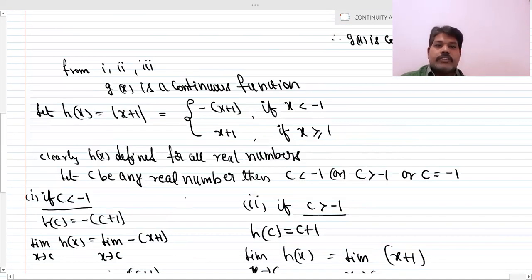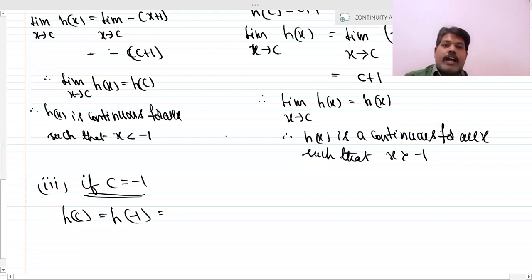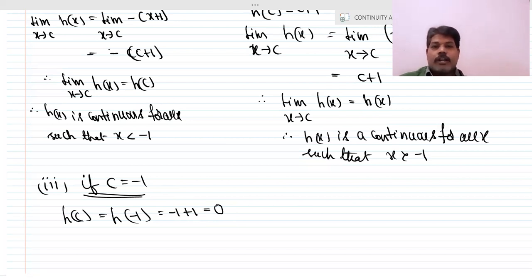If x is equal to minus 1, then the value of h of x becomes x plus 1, so it becomes minus 1 plus 1, which is 0.